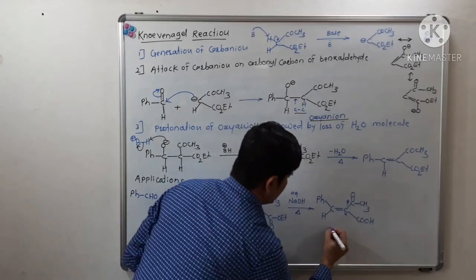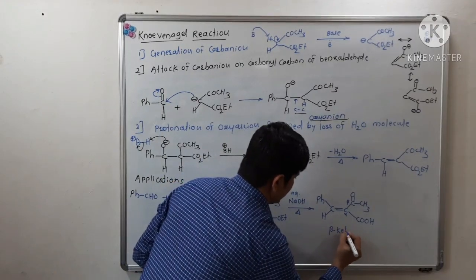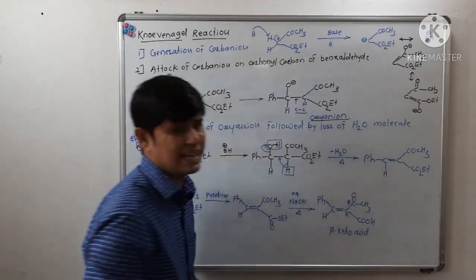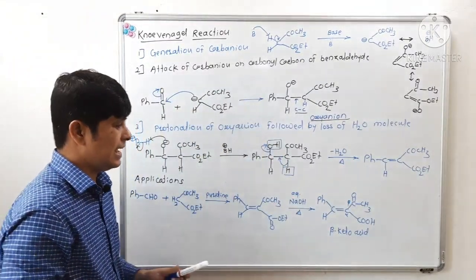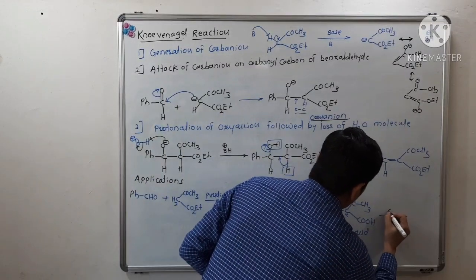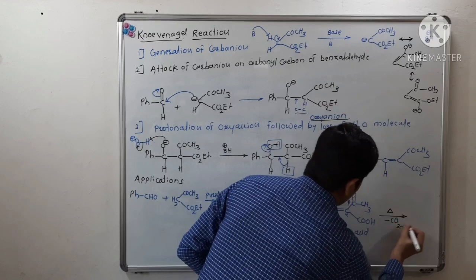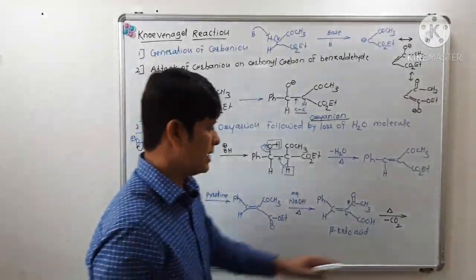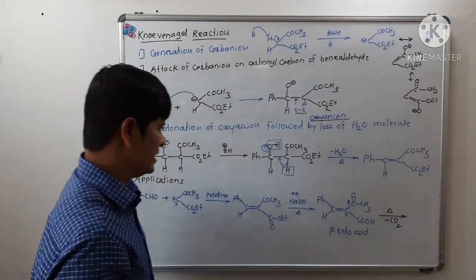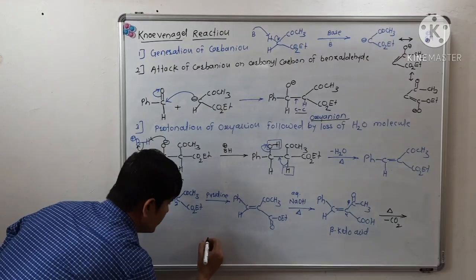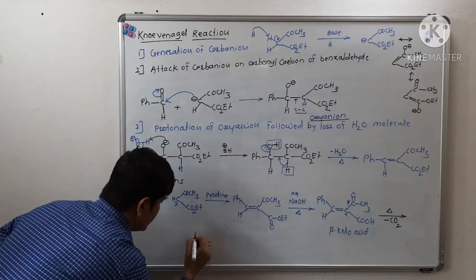So this is a beta keto acid, and beta keto carboxylic acids are highly unstable. On heating, there will be a loss of carbon dioxide gas, and there will be formation of such kind of molecule.